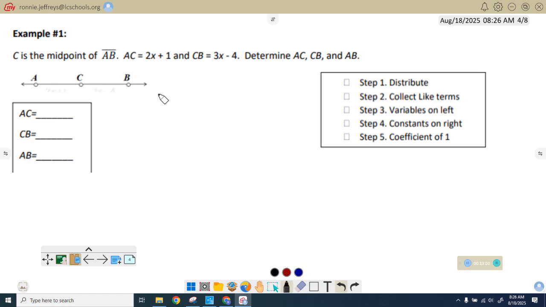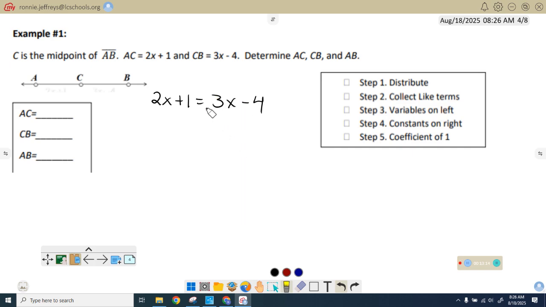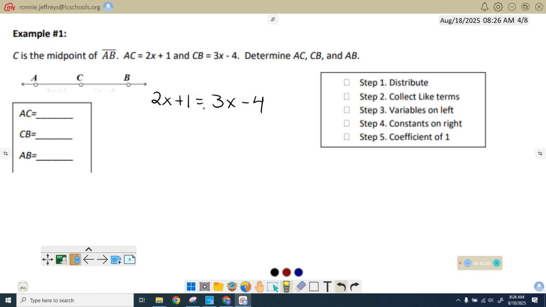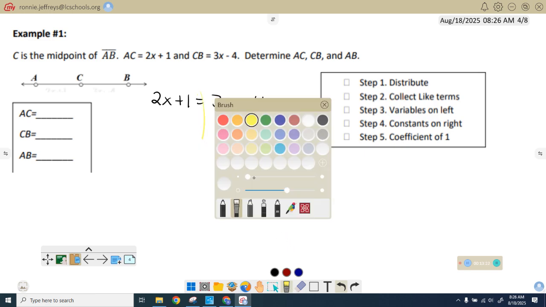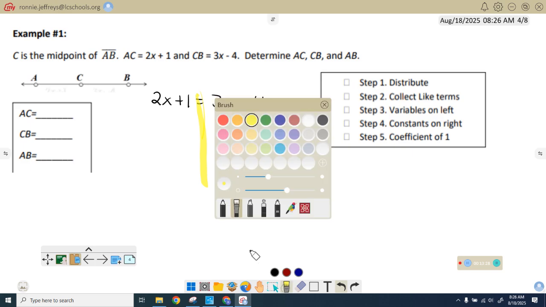We should know that these two statements are equal to each other.